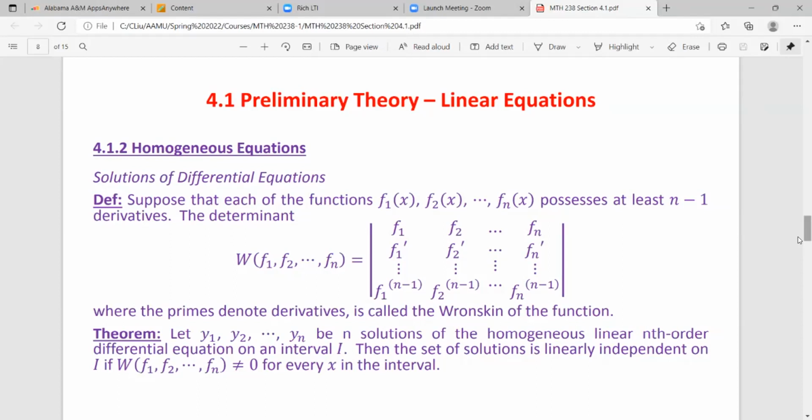Then the set of solutions is linearly independent if the Wronskian of those functions is not equal to 0 for every x in the interval. Okay. So how do you know those n solutions are linearly independent? You do this Wronskian. And if the Wronskian is never 0, then the solutions are linearly independent. Okay.